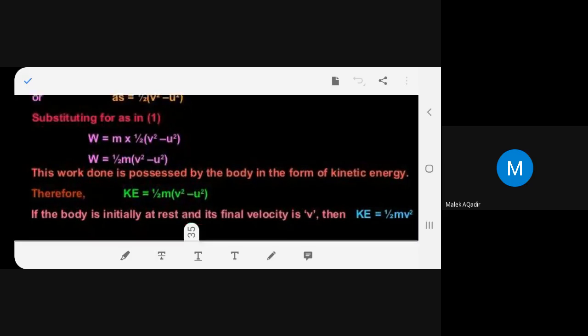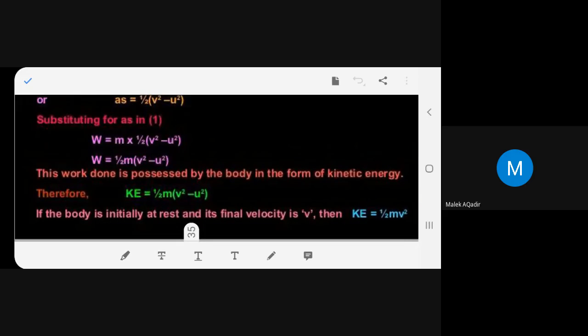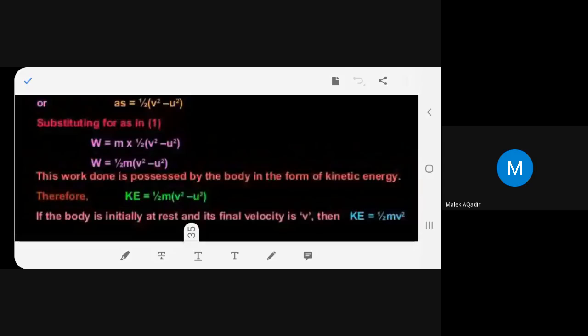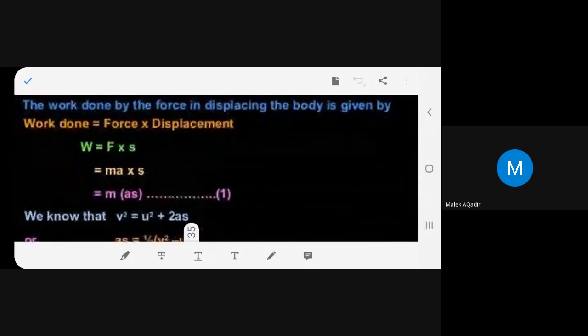The work done is possessed by the body in the form of kinetic energy. Therefore, KE is equal to half m into v square minus u square. If the body is initially at rest and its final velocity is v, then KE is equal to half mv square.